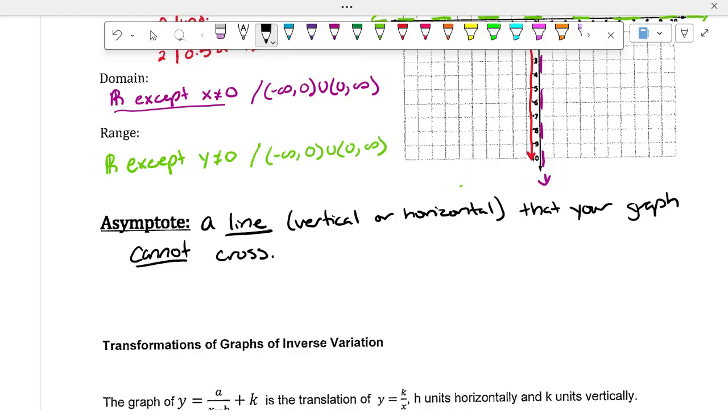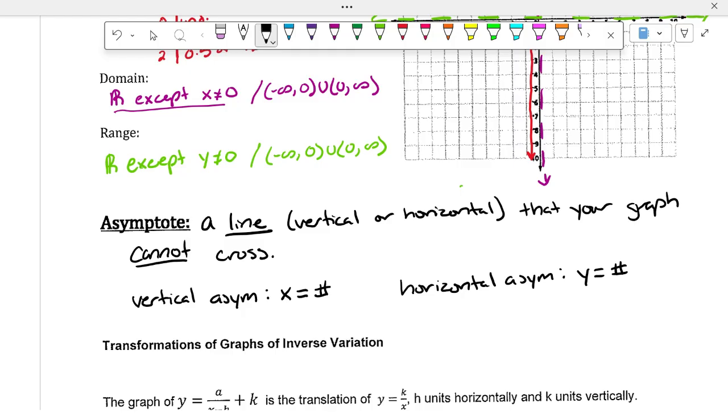And typically, there's 2 types of asymptotes. You got your vertical asymptote, which you'll typically write as x is equal to some number. Your horizontal asymptote, you'll typically write as y is equal to some number.